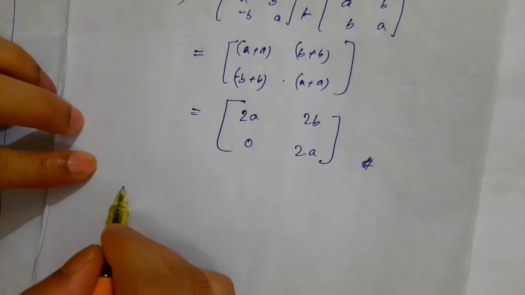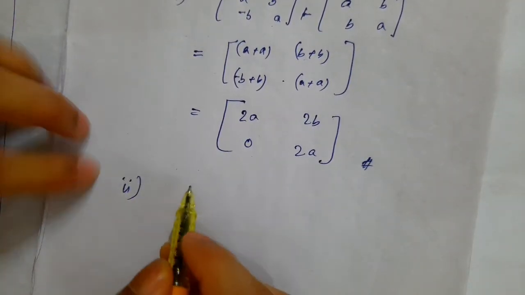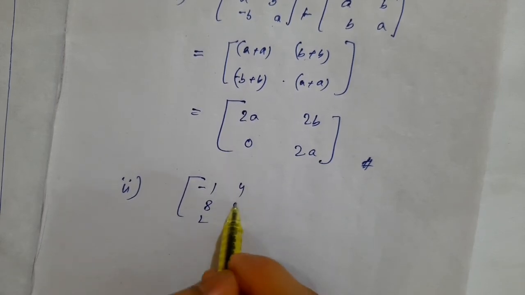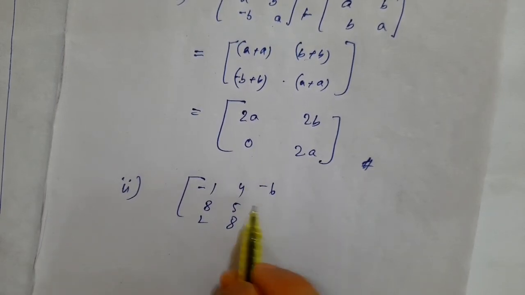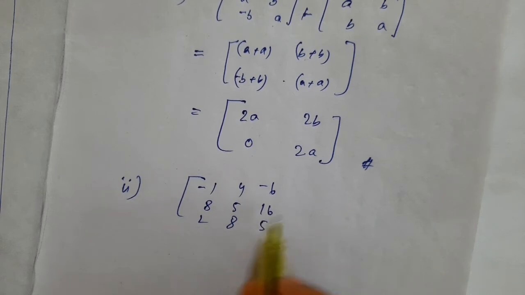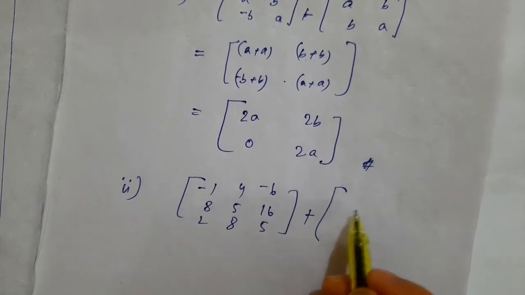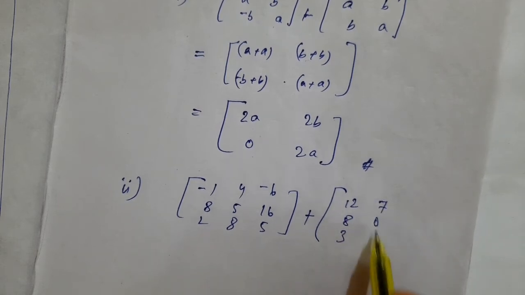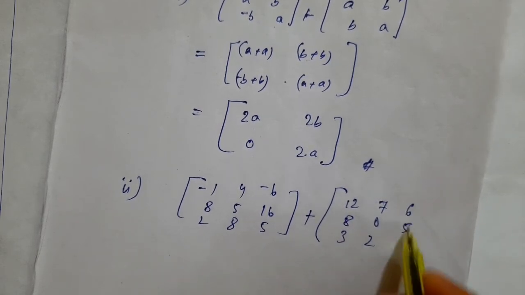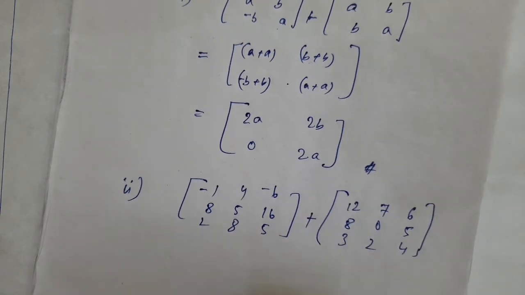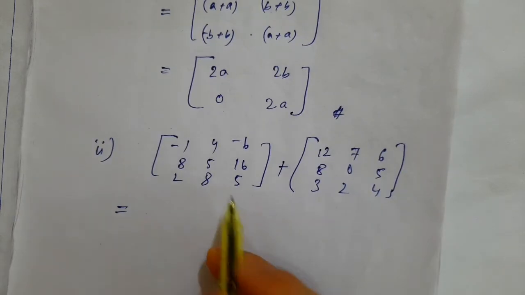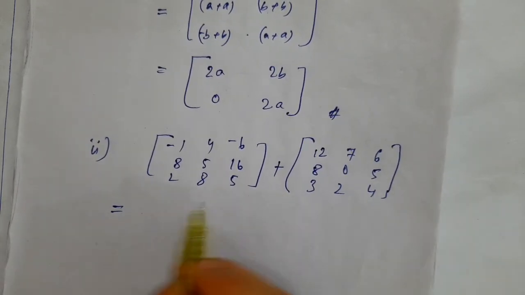Now we will do the second one. Minus 1 8 2 4 5 8 minus 6 16 5 plus 12 8 3 7 0 2 6 5 4. We have to add these two matrices. Order of both the matrices are the same, so there is no issue.